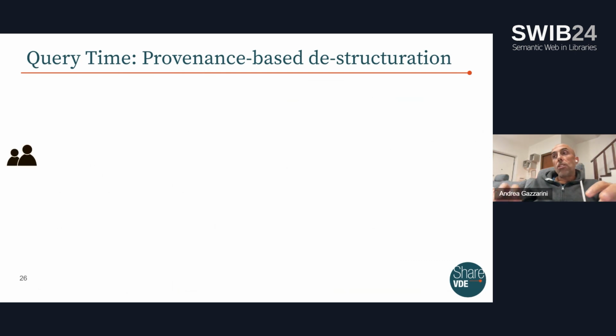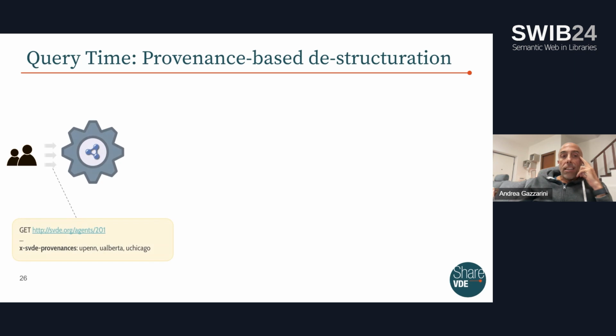We said that each entity is composed of the contributions of different provenances, right? So a client that wants to get back the representation of the resource associated with that URI, that's the same if I run a SPARQL query, of course. In this example, I'm just dereferencing a URI.